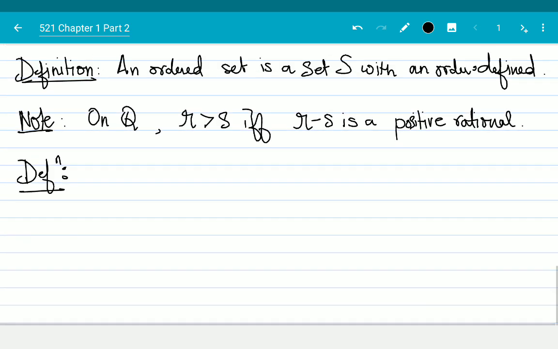Last time I talked about the least upper bound property. What is the least upper bound property? Here's what an upper bound even means.